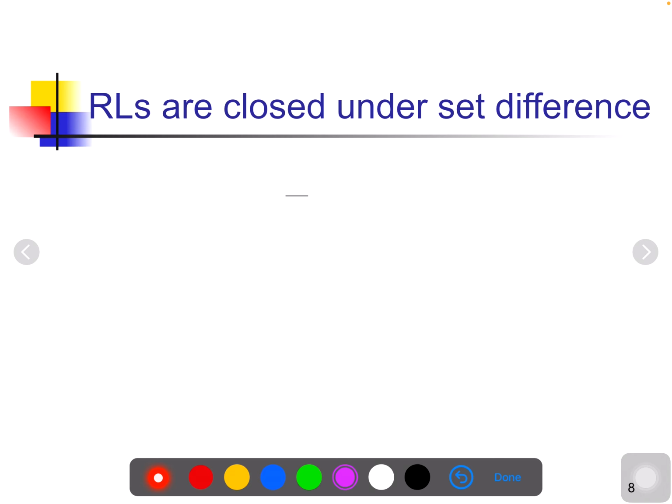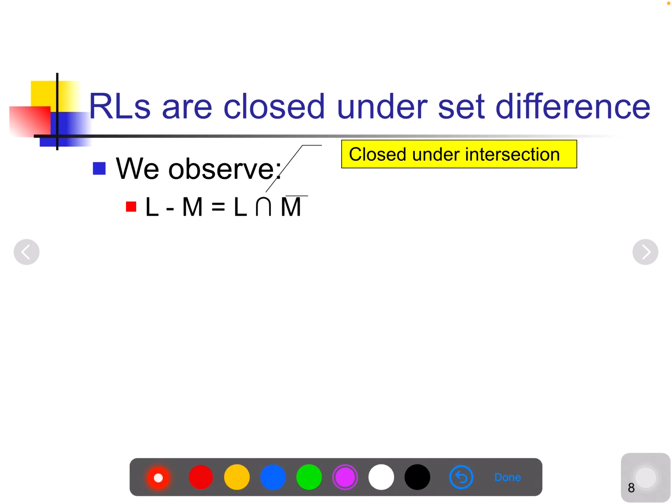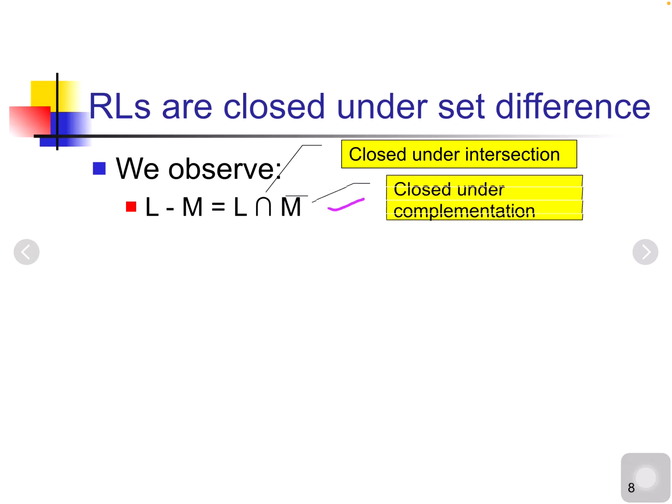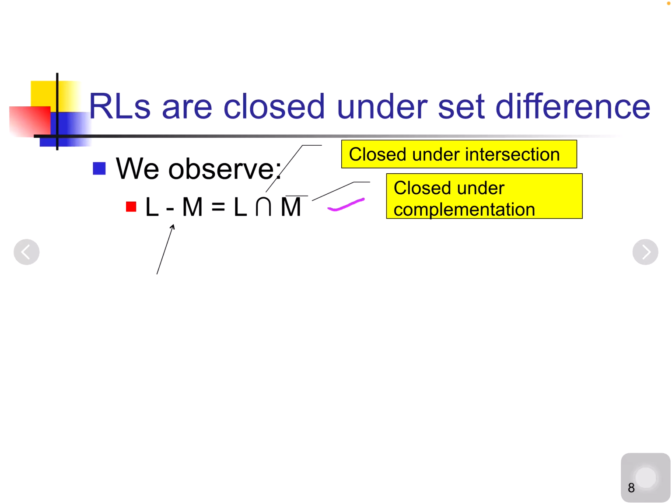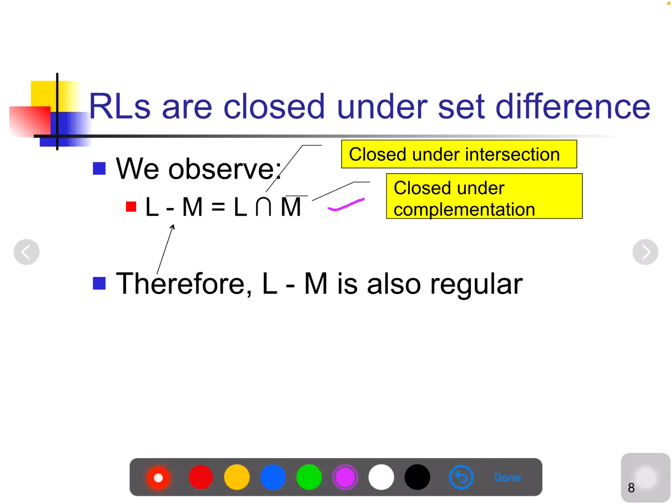So it is closed under intersection, which we have already learned, and also closed under complementation. The first is an intersection, the second is a complementation, and this is a difference. Therefore we have proved this by closure under intersection and closure under complementation. Then L minus M is a set difference. Therefore, L minus M is also a regular set.